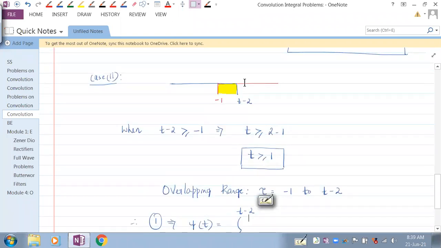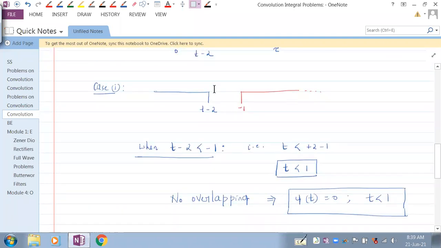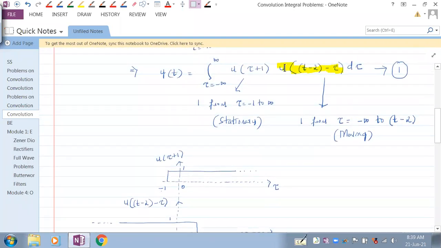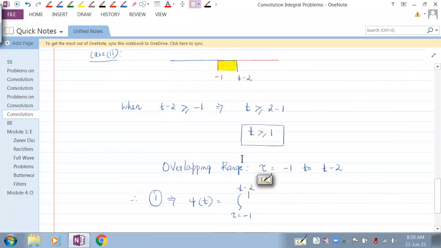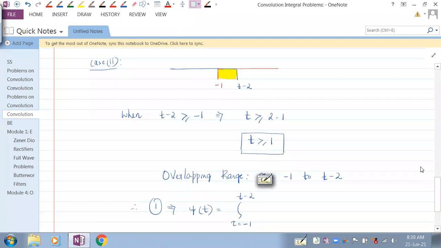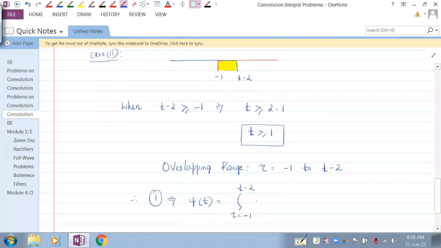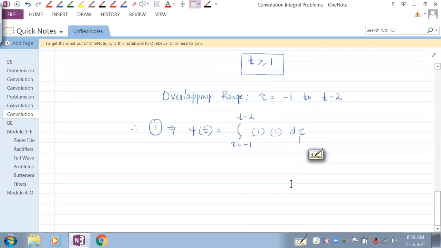What is this stationary signal and what is this moving signal? This is the stationary signal, this is the moving signal, and that is what is overlapping here. In this overlapping range, these signals are assuming the values 1 and 1. So this is how our equation 1 looks now.